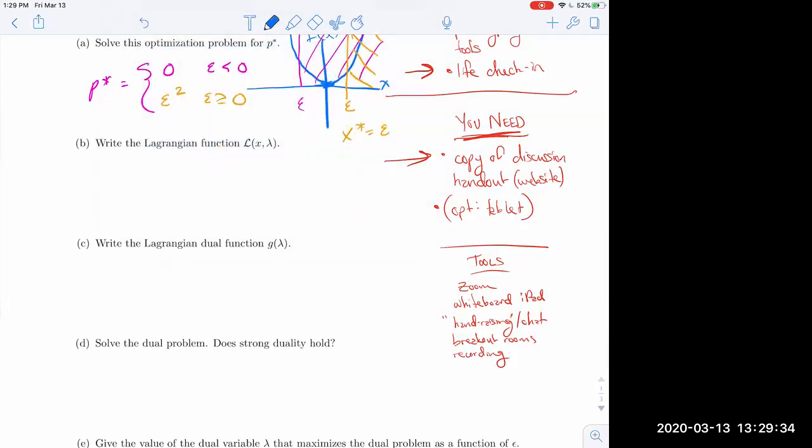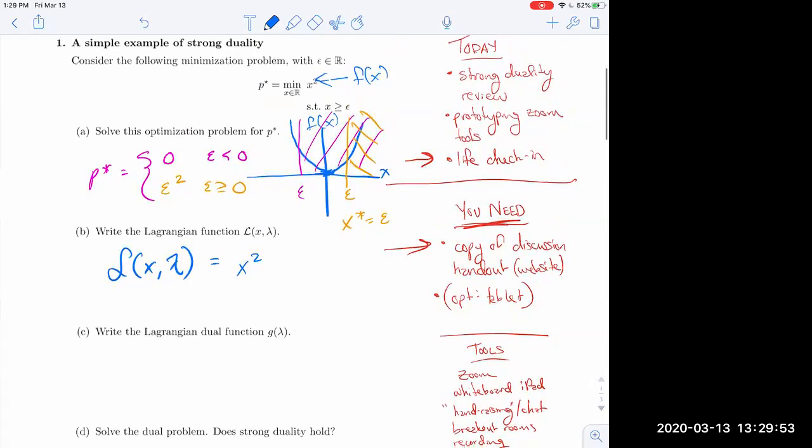Okay, so for the second part, we have the Lagrangian function L of x lambda. So in this case, we'll need to do a couple of things. By the definition, what we have is x squared, which was our original f of x, plus lambda times, we need to do a little bit to this constraint.